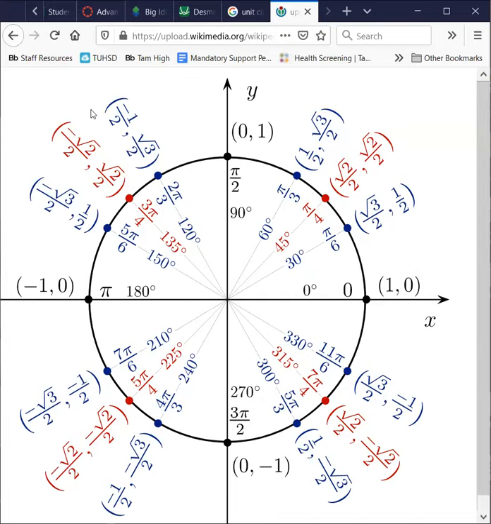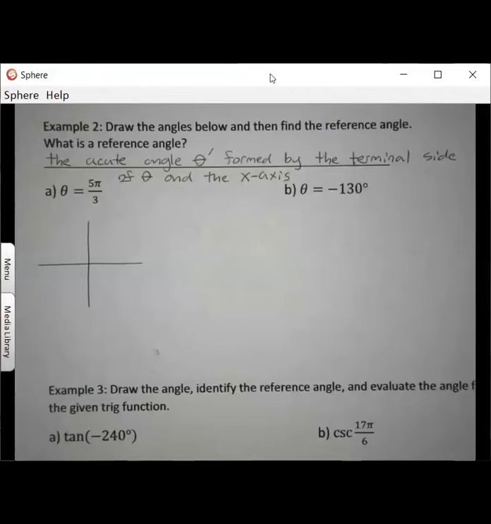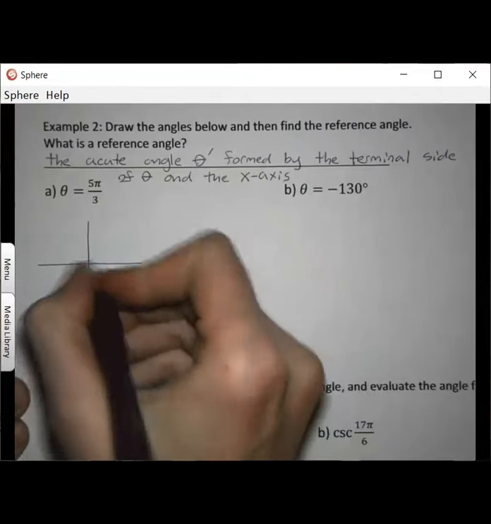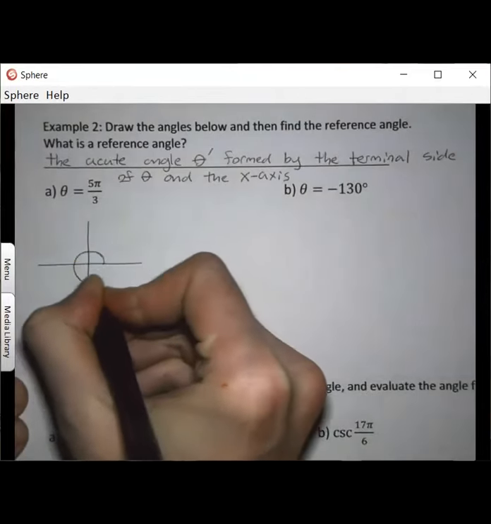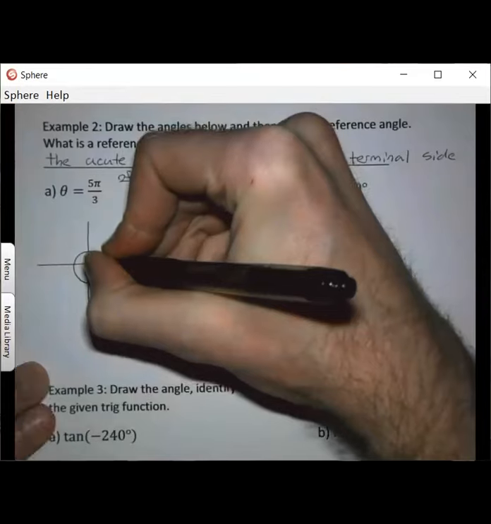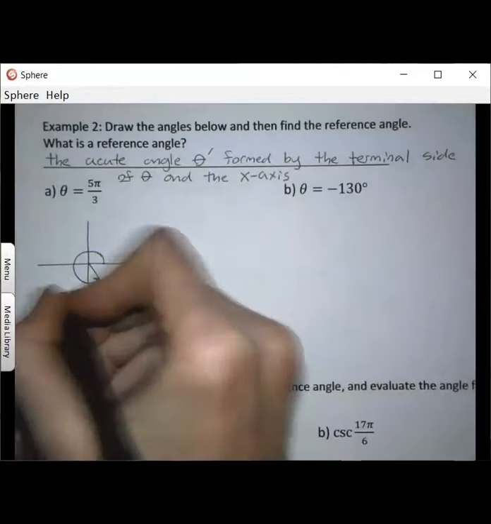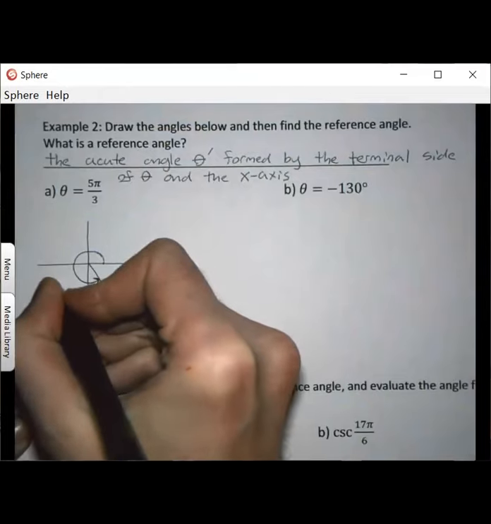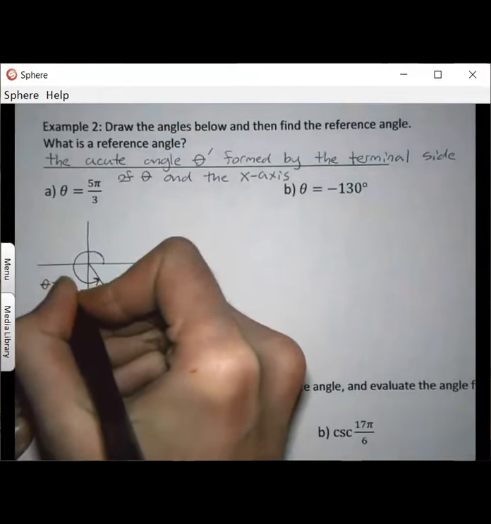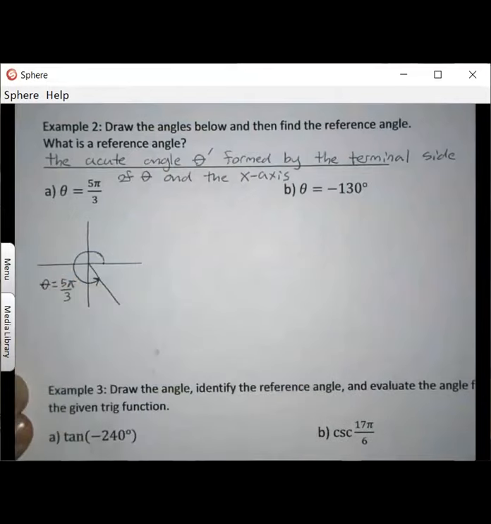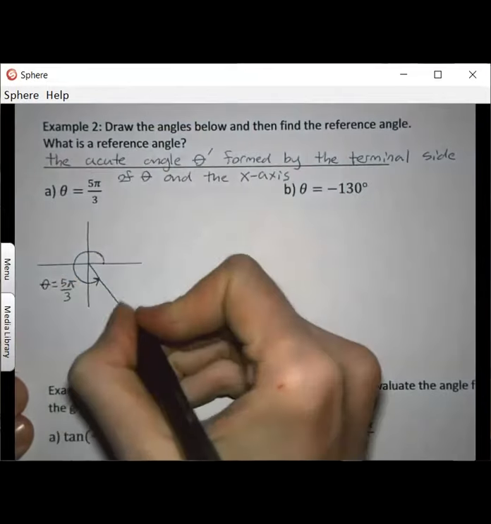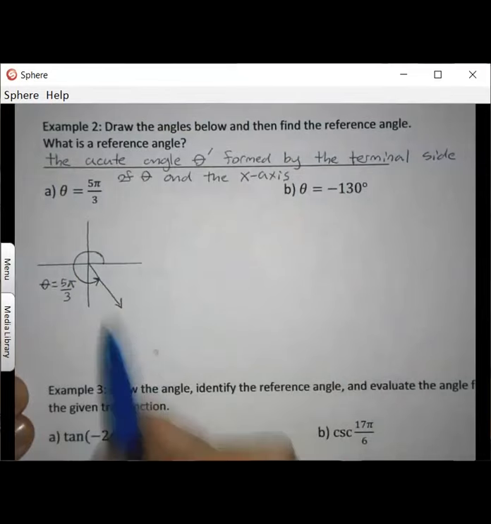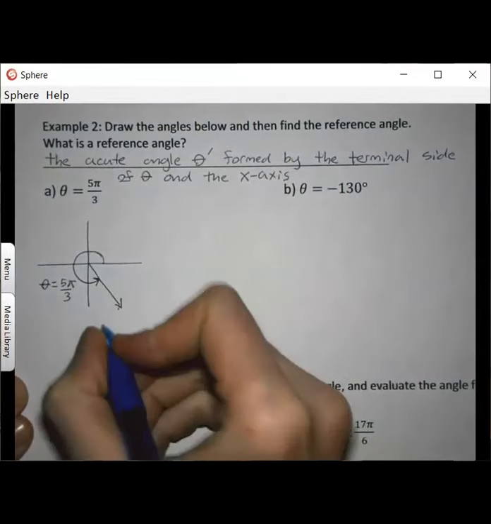So let's draw that in. So 5 pi over 3 goes about right there. So this is our theta. This line right here is our terminal side.